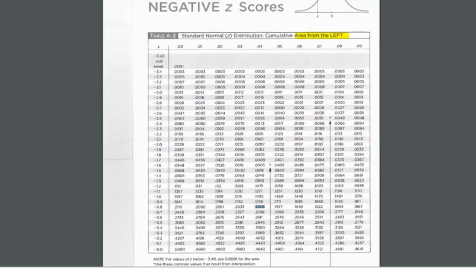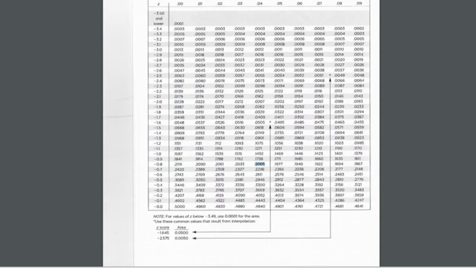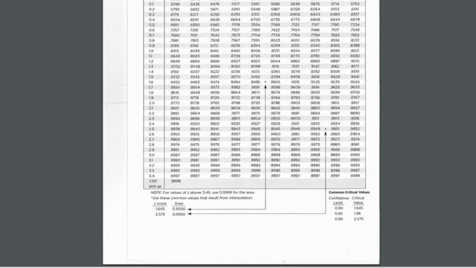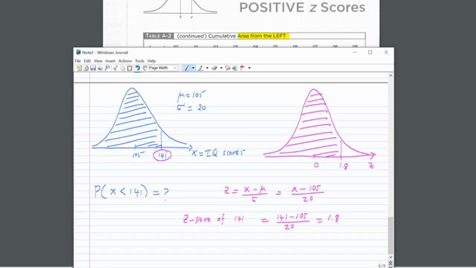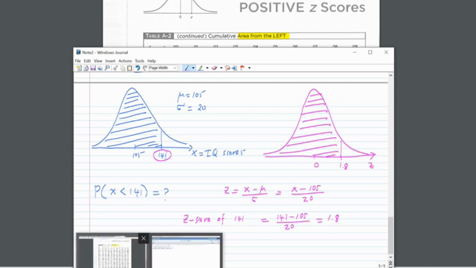So 1.8, so 0.8, right? 0.18, I'm sorry. Is it 0.18? No, 1.8. Yes, 1.8. So 1.80, right?